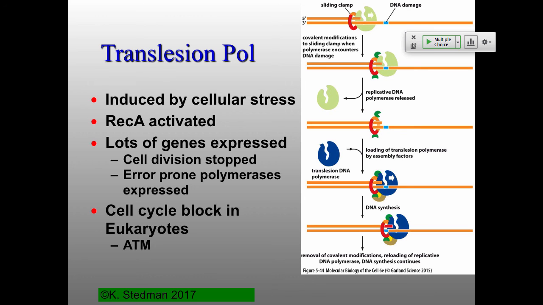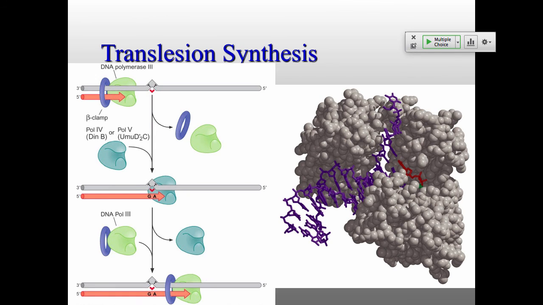Fortunately, they only got 4, and so most of the time you'll be right if there's a couple of nucleotides that are bad, but sometimes it won't be. And so you can actually end up with a number of mutations that happen. It's quite well known, again, in E. coli. Here's your beta clamp. Here's DNA polymerase 3. It gets to a thymidine dimer, which is normally repaired through what process?